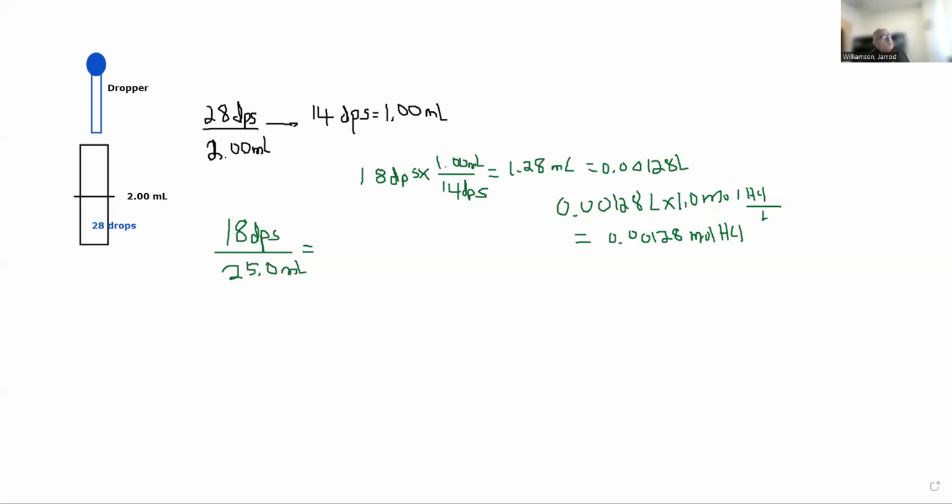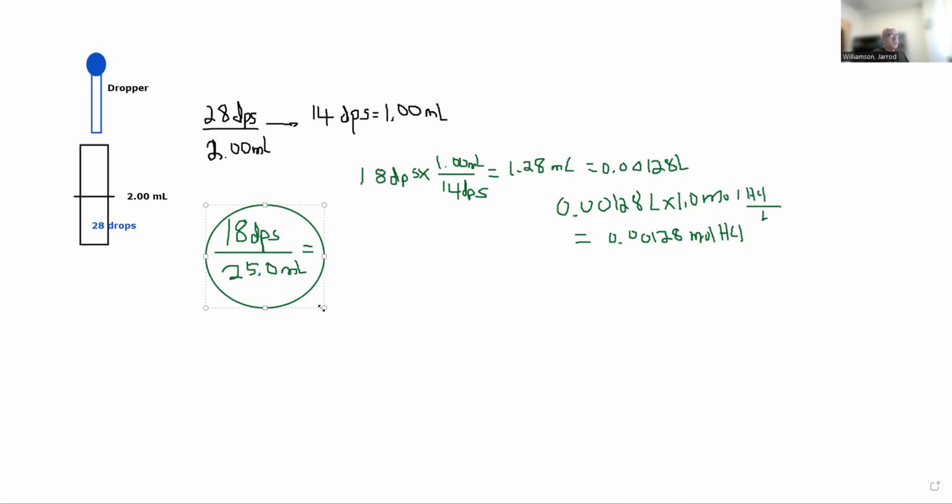Okay, this is Dr. Williamson helping you guys work on the buffer capacity problem. Let's say I have 25 milliliters of my buffer solution, and I drip in 18 drops of hydrochloric acid, 1 molar hydrochloric acid, in my 25 mils of buffer.